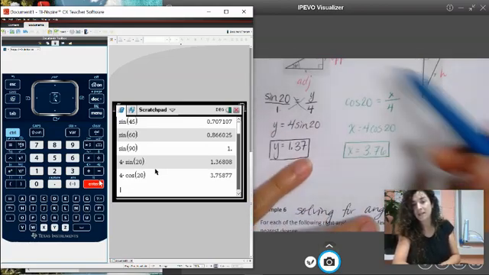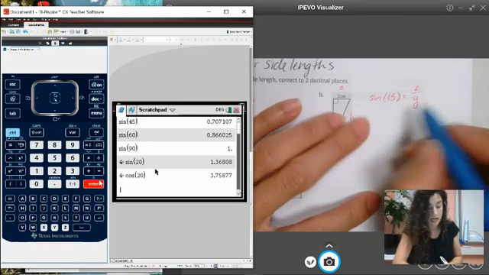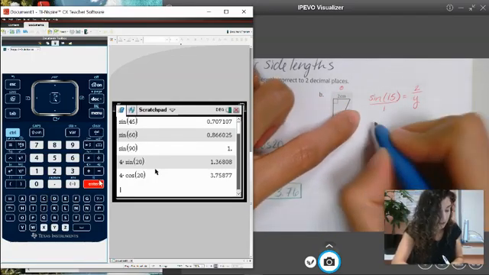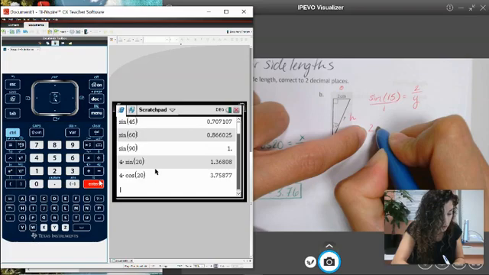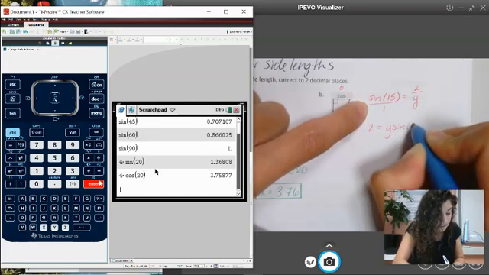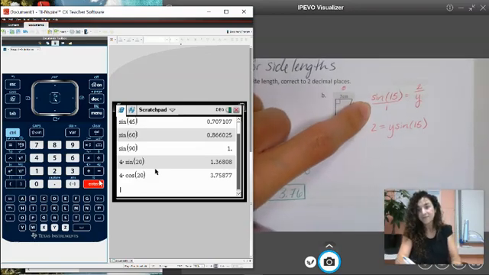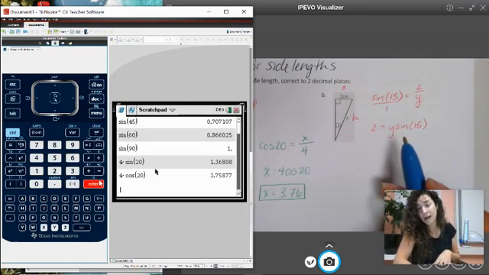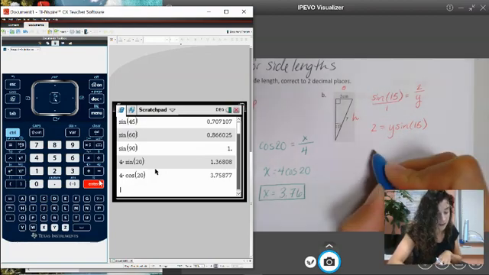This guy can get tricky because sometimes we get really confused. Again, put this guy over 1 and cross multiply. 2 times 1 is 2 equals y times sine of 15, is y sine of 15. Now, to get y by itself, we need to divide both sides by sine of 15.